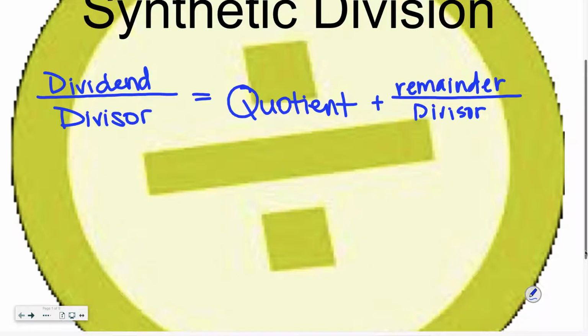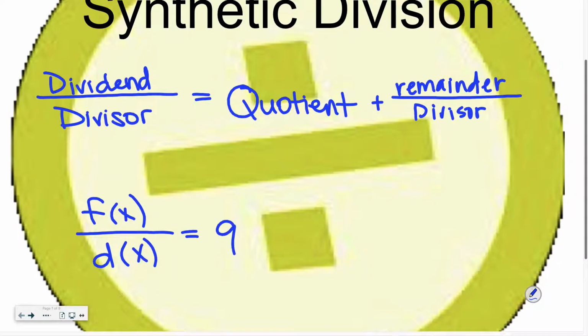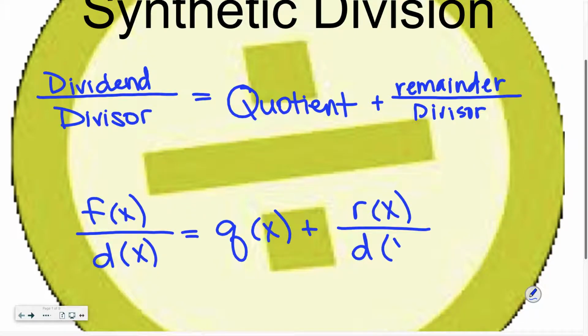We are in our polynomial chapter, so we're going to take a polynomial dividend divided by a polynomial divisor. Okay, so I'm going to call our dividend f of x. We're going to divide it by our divisor, d of x. Our outcome is going to be our quotient, q of x, plus our remainder, r of x, over our divisor.